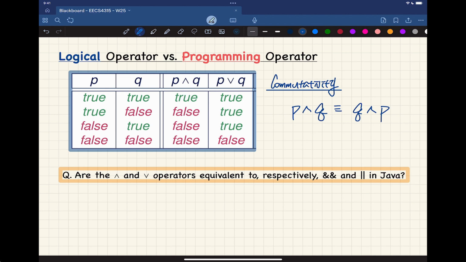The order doesn't matter. Also, P or Q, Q or P are equivalent. That's logic. However, in Java, in the programming world, the logical operators, even though they're called logical, do not commute, because we have to satisfy what's going to happen at runtime for evaluation.